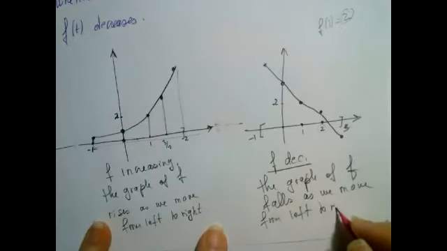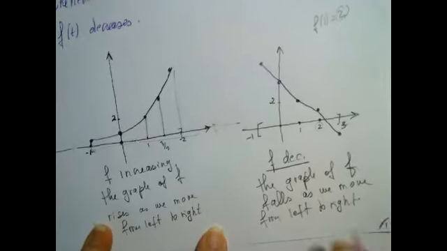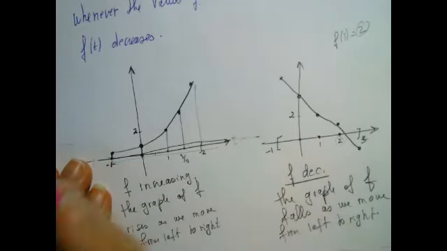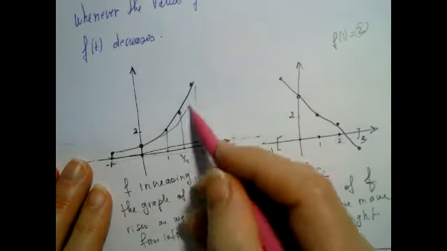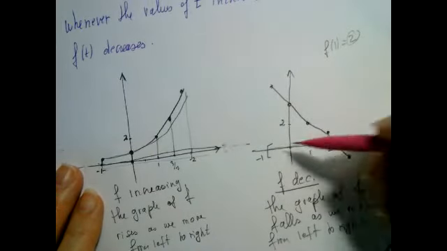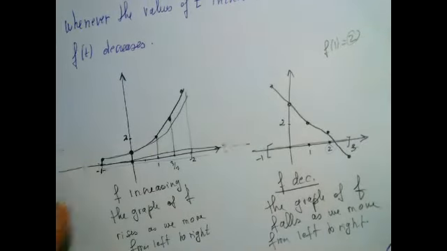So if the input increases, the output goes up for an increasing function. For a decreasing function, if the input increases, the output decreases. That's increasing and decreasing.